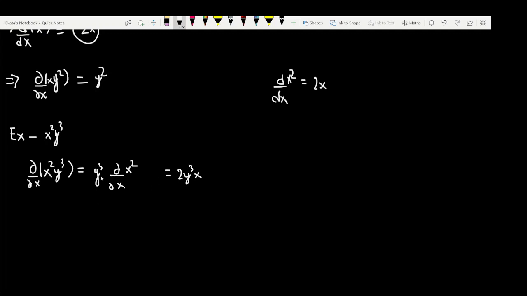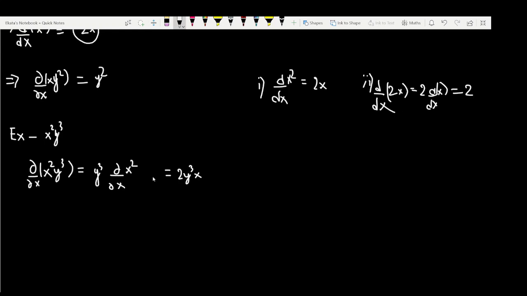This is the partial derivative of x squared y cubed. Y cubed stays outside the expression, because for del by del x, y cubed is a constant. You have heard of the rule in differentiation that when you have to differentiate 2x, you just take 2 out of the expression, because 2 is a constant, and differentiate only x, which gives you 2.